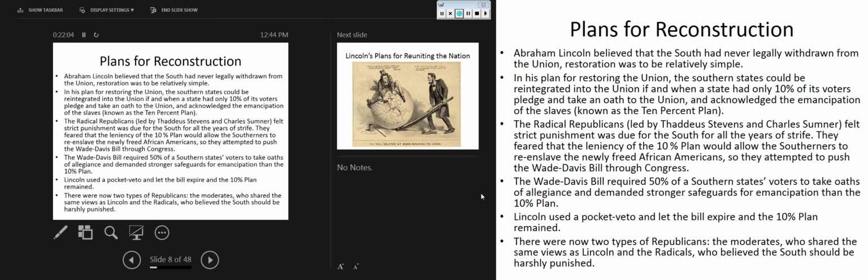So they agree upon a bill called the Wade Davis bill, declaring that 50% of the voting population needed to vote to re-enter. Well, Lincoln uses the pocket veto, which means he doesn't really do anything. He's waiting for it to expire.